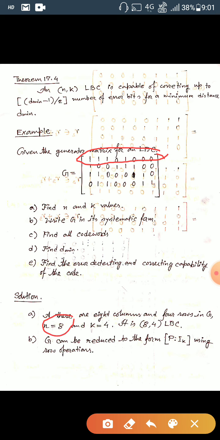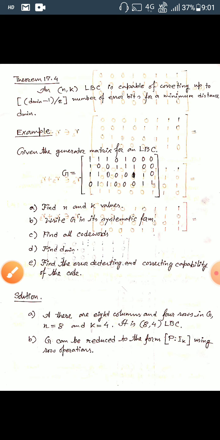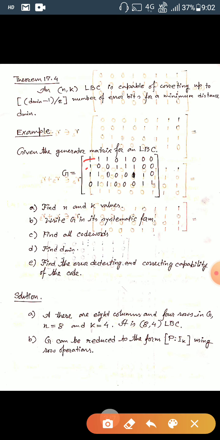This defines how many bits are used for an individual code word, and k defines how many message bits there are, which is the number of rows. The number of rows is 1 2 3 4, so k will be 4.